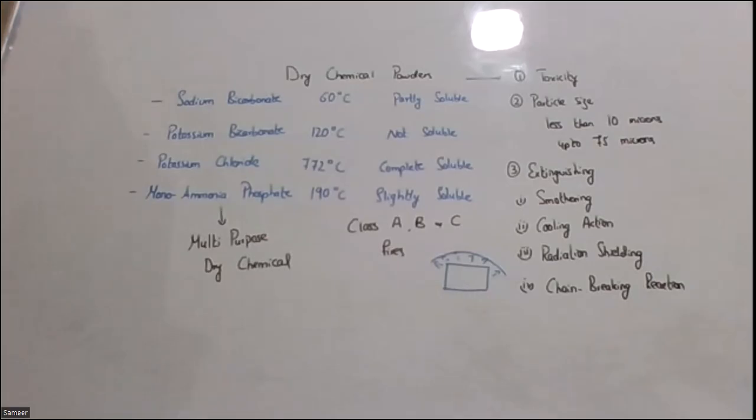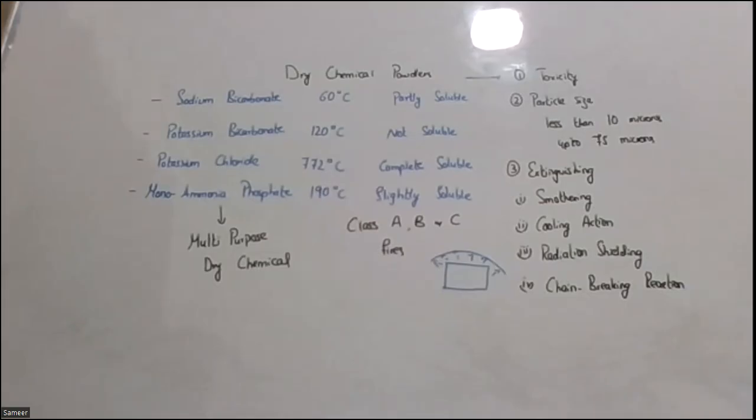We only apply dry powders on reactive metals because reactive metals are class D fires. Class D fires, metal fires, require a chain breaking reaction, no doubt about that. So why can we not apply dry chemical powders?